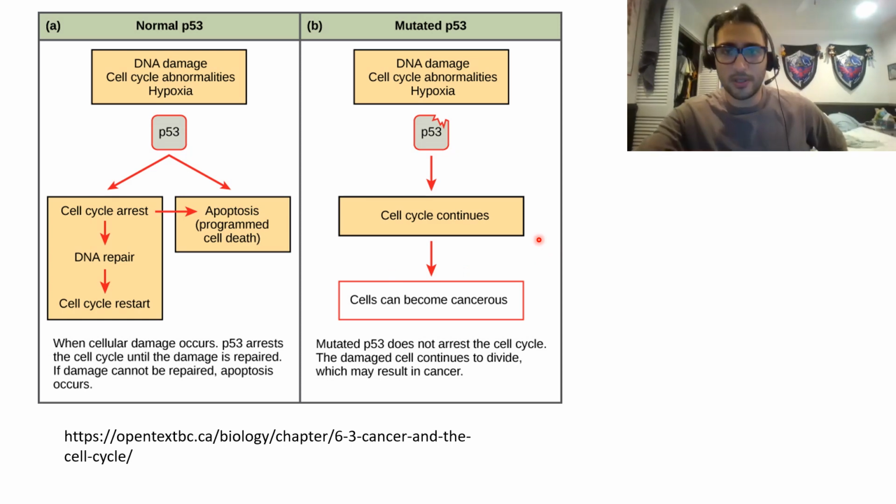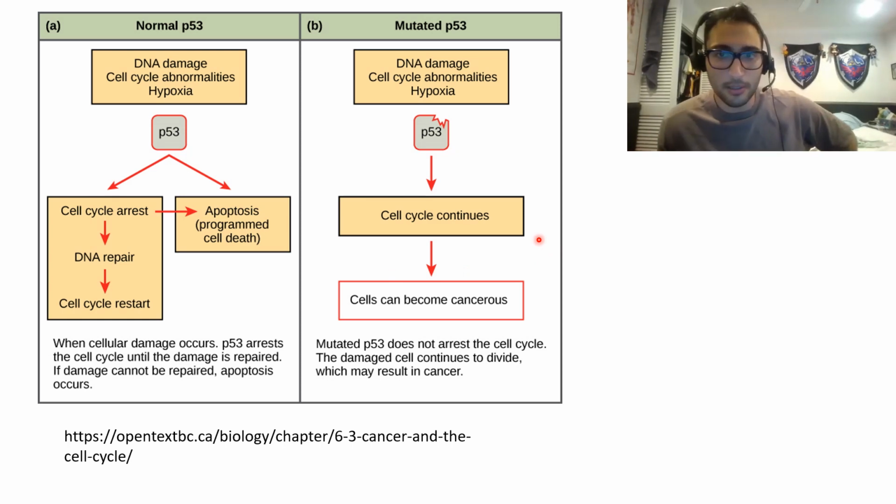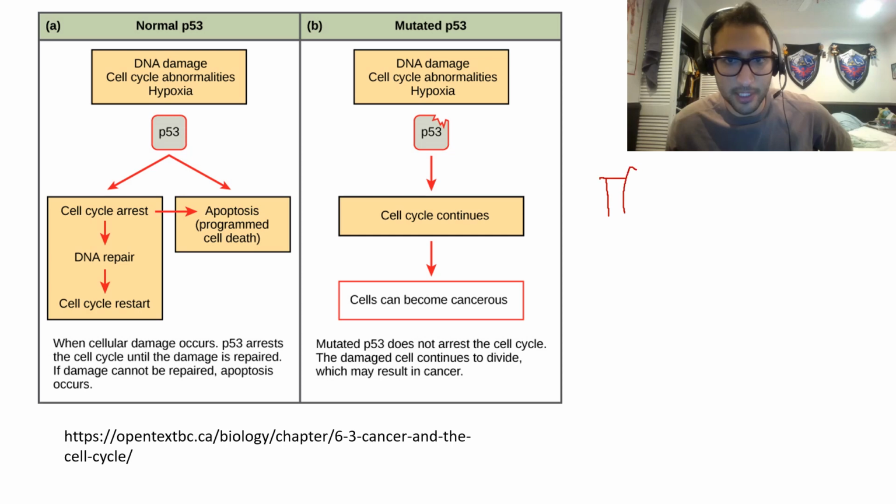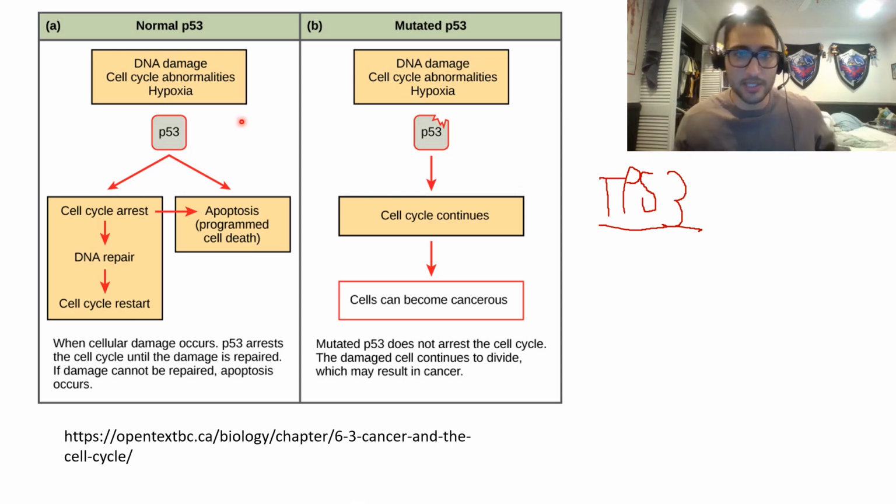So the first of the tumor suppressor genes that we're going to talk about is TP53. All right, so P53 is the protein encoded by the TP53 gene. And this is a pretty high yield one because P53 is the guardian of the genome. It monitors the integrity.